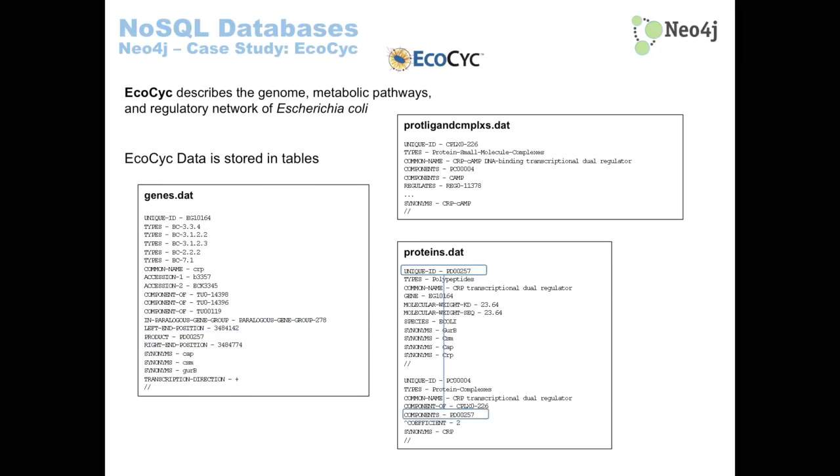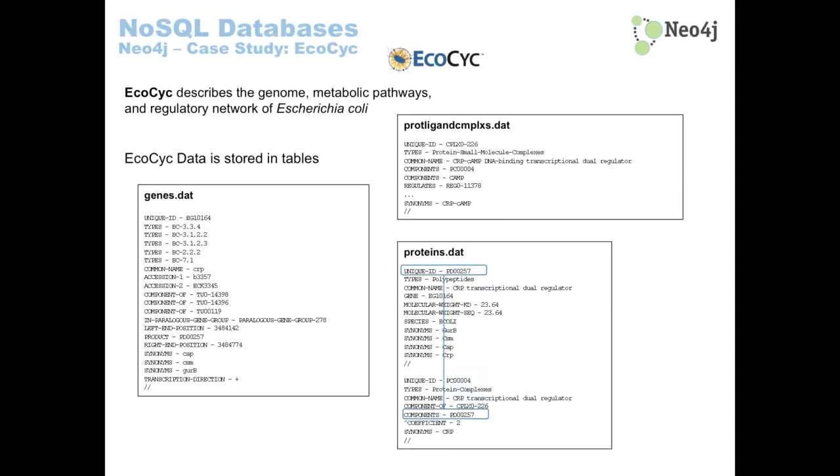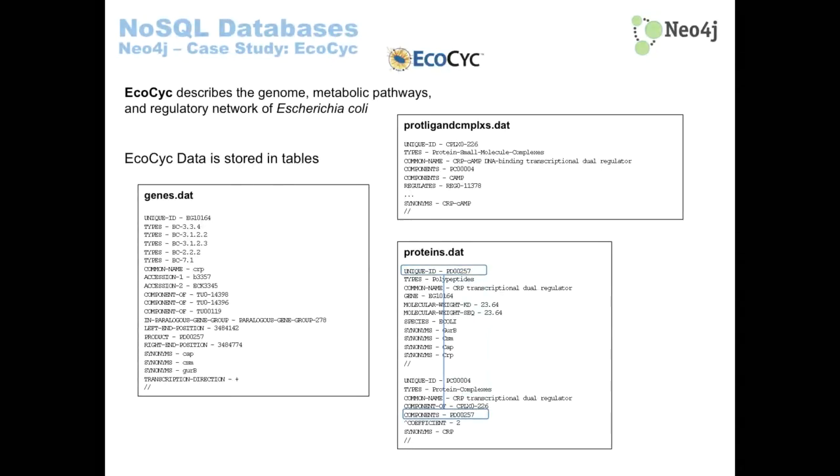And it actually appears a couple places in the protein database. So once in the type that's just a single protein, polypeptides, and down here in protein complexes.